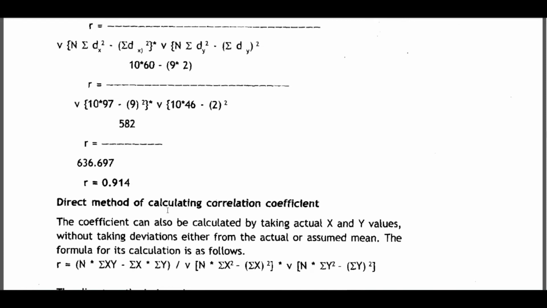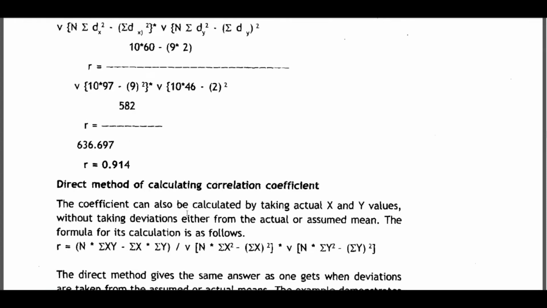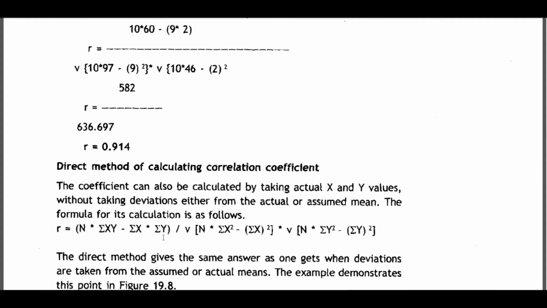Direct method of calculating correlation coefficient. The coefficient can also be calculated by taking actual x and y values without taking deviations. So that is the direct method of calculating it, either from the actual or assumed mean. The formula for the calculation is given below.